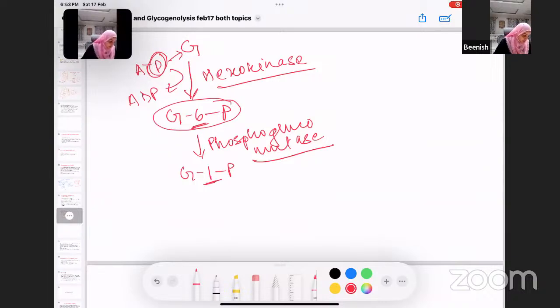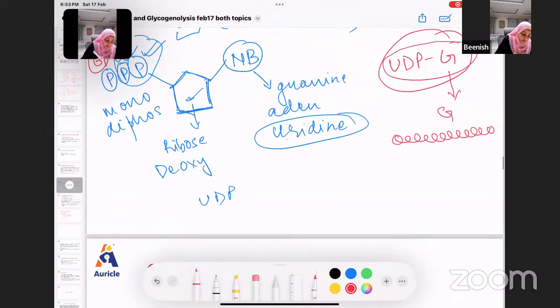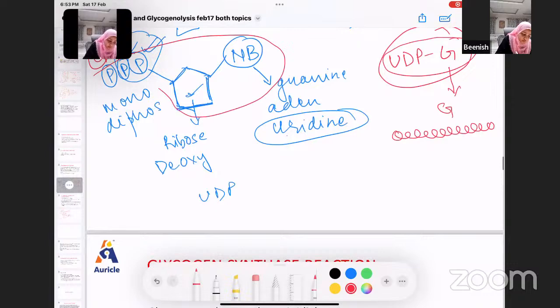Now this glucose 1-phosphate combines with UTP. You very well know what UTP is; I just explained this. This will be your UTP, a nucleotide.